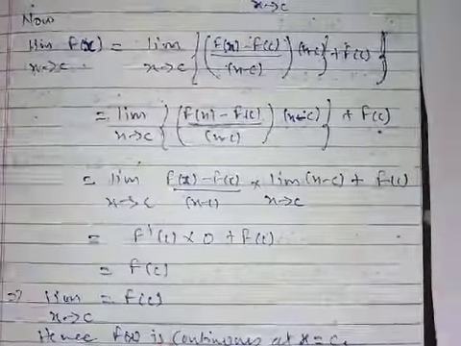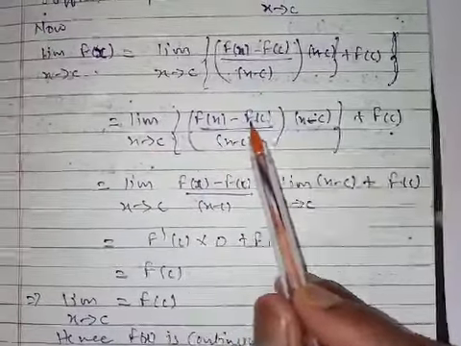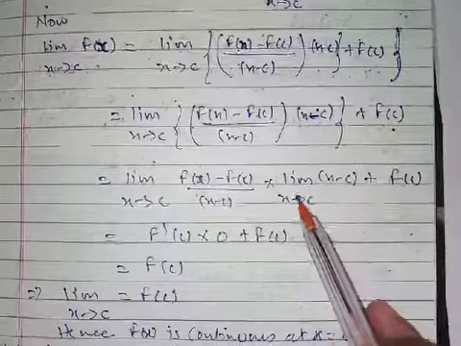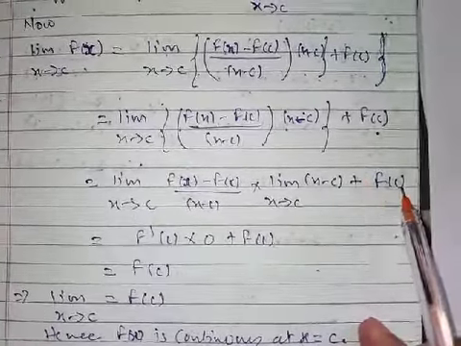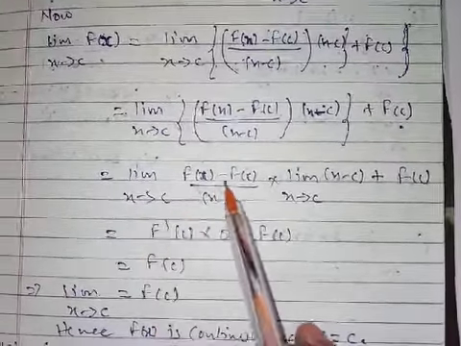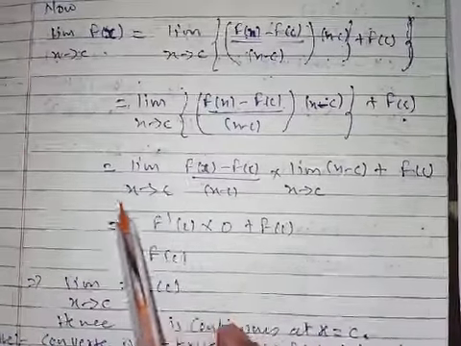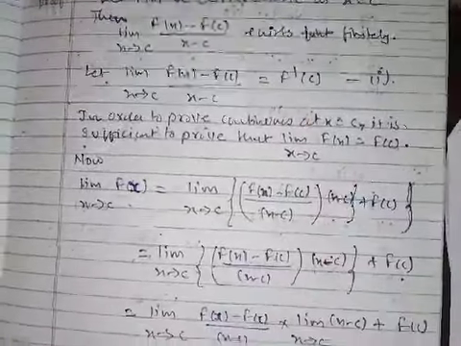So limit x tend to c, f of x minus f of c upon x minus c, into limit x tend to c, x minus c, plus f of c. We have taken this, limit x tend to c, f of x minus f of c upon x minus c, as f dash of c.